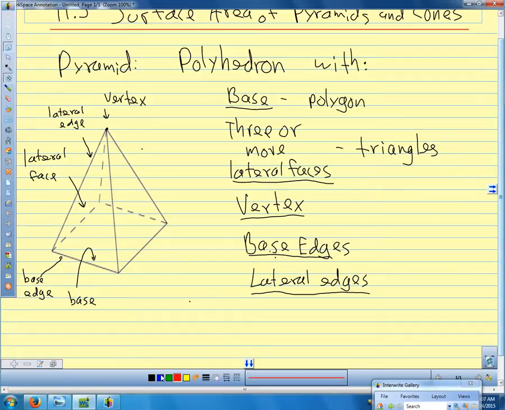We're going to draw in the altitude or the height. So the altitude goes from the vertex to the base at 90 degrees. And we also call it the height.